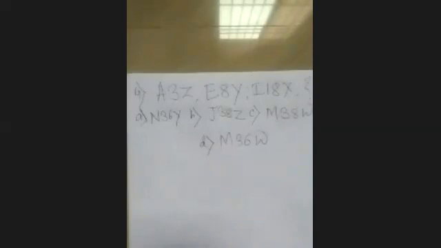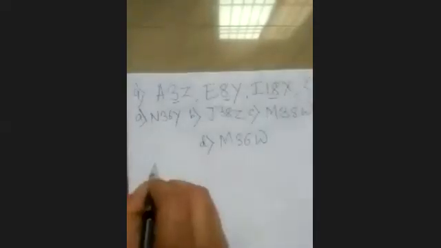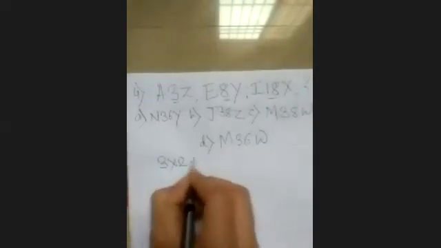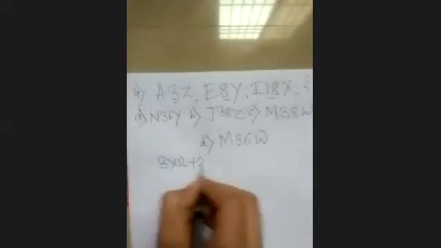Yes, most of you are going with the option C, M38W. So see what is further the logic is. So first we will go for the number. Right. So here it is 3 into 2 plus 2 is 8.